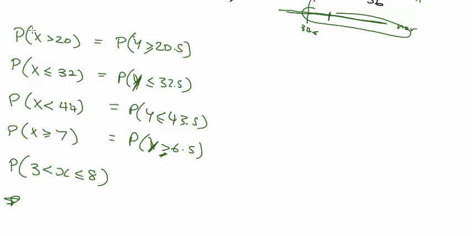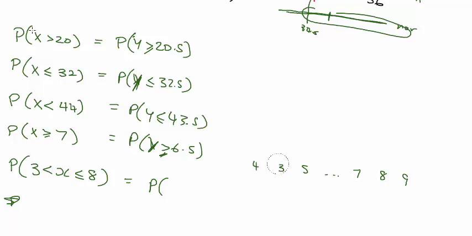Now for this one, what would you do? Let's actually think about this one. Imagine you've got 3, 4, 5 and 7, 8, 9. The best thing is always a diagram for this one. You want it greater than 3, so you don't want 3.